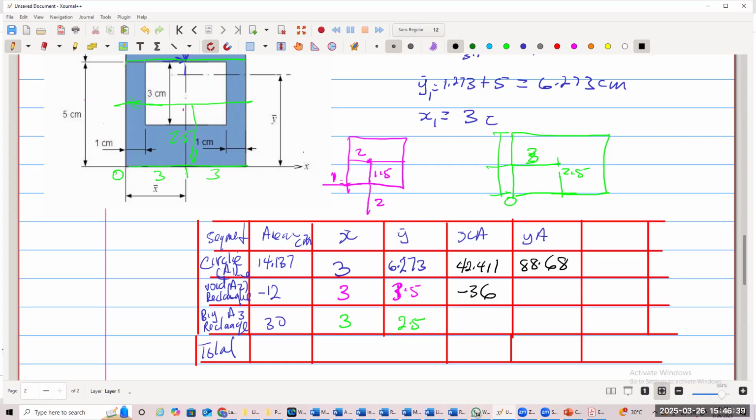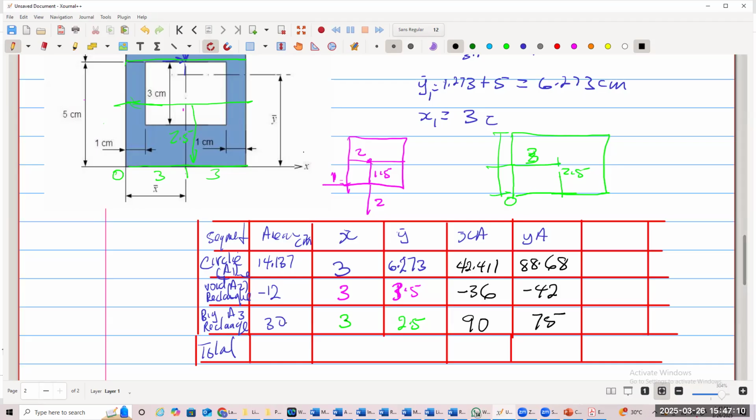Negative 42. All right. Last one here now is 3 for x times the area, which is 90. And then the other one would be 2.5 times 30. So that gives you 75.